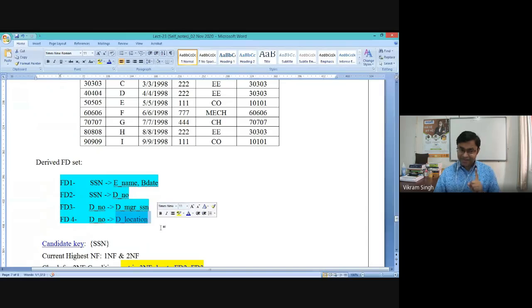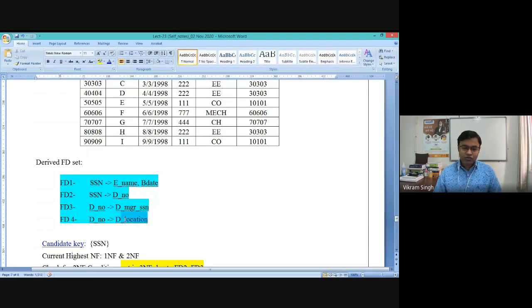Because in FD2 SSN is determining D number, and D number is used to determine DMGRSSN and D location, I can claim that by only having D number, which is a non-key, I can determine DMGRSSN and D location, right?